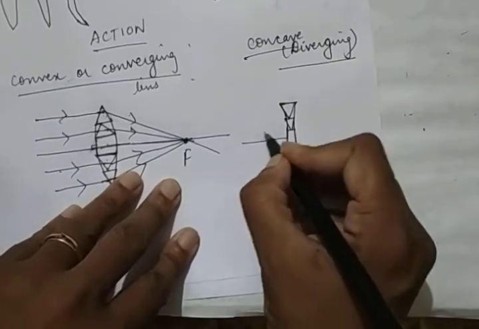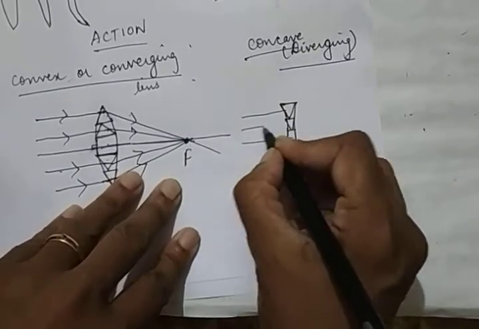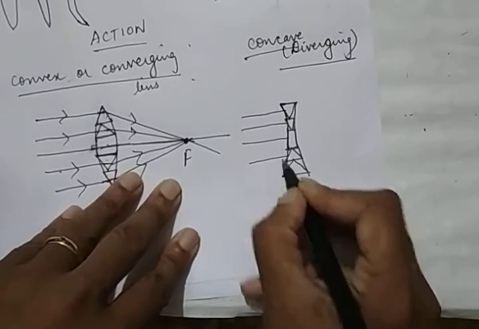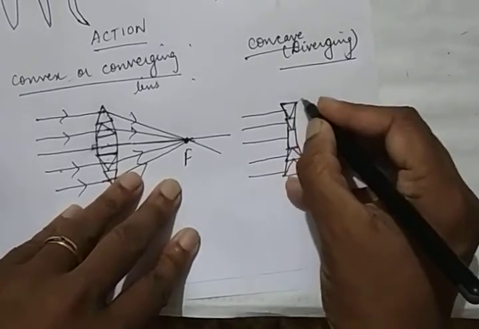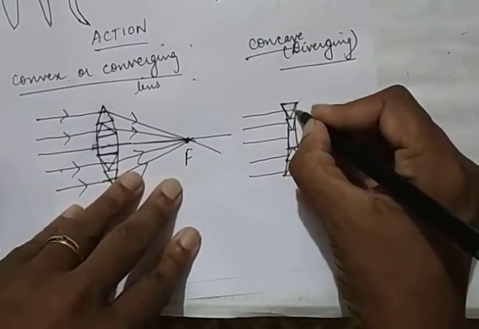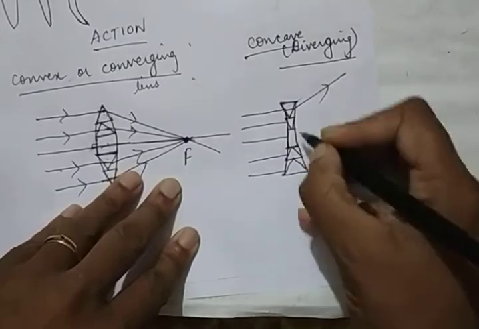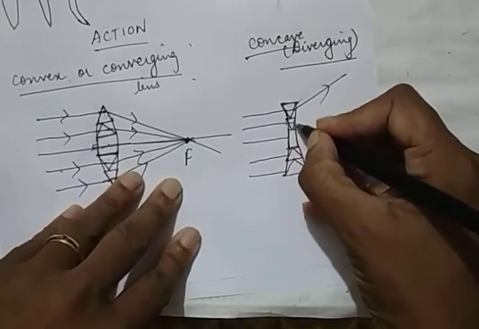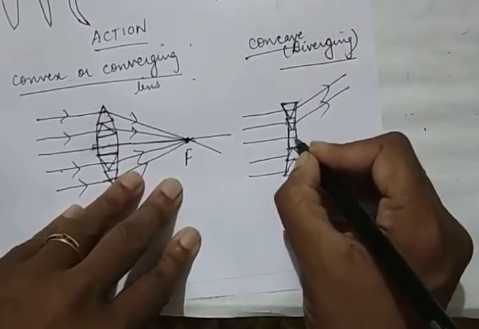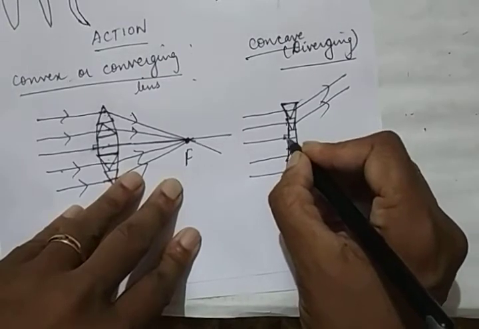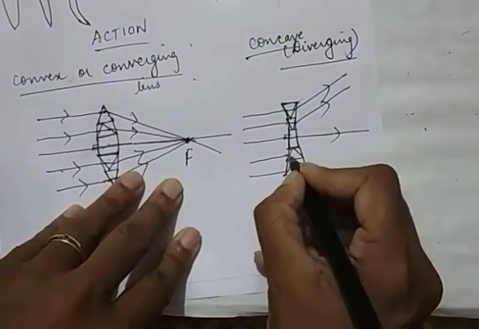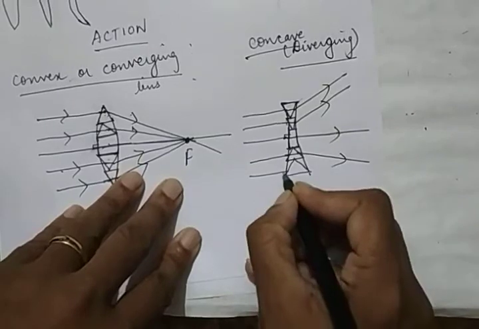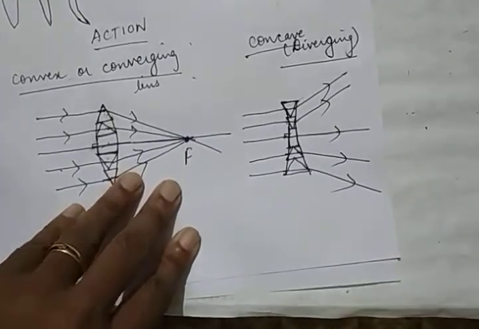If I take rays like this, for this prism the base is here, so the ray will go upward. For this prism the base is here, so the ray will go like this. This one is normal incidence, so the ray will go straight. This one the ray will go like this, and this one the ray will go like this.